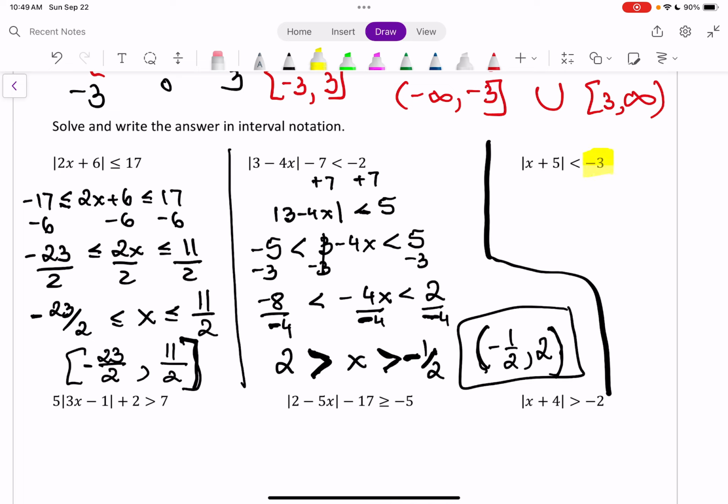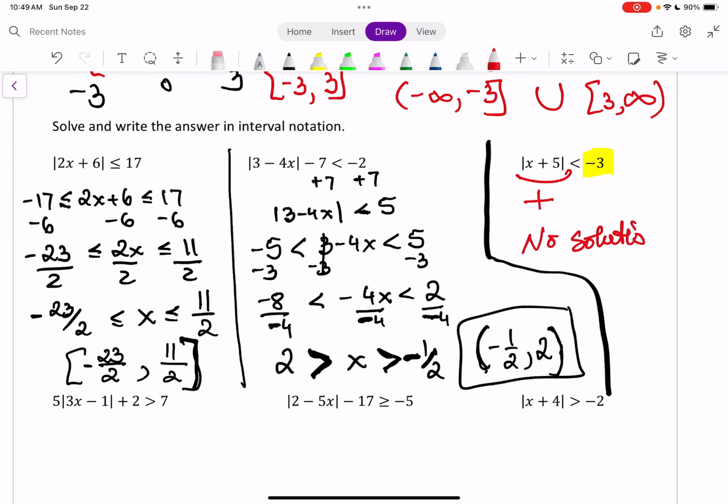For this last problem, again, be very mindful of the fact that you have a negative number across from your absolute value. So when is really any positive number, absolute value of something is always a positive or maybe even 0, that's fine. But when will a positive number be greater than negative 3? Never, right? So that's not possible.